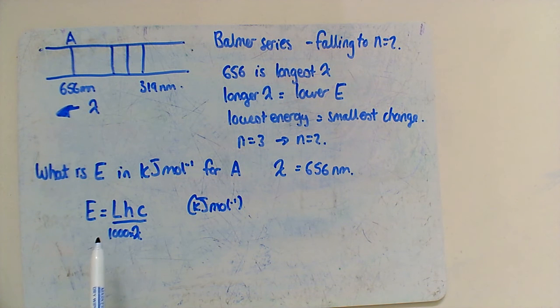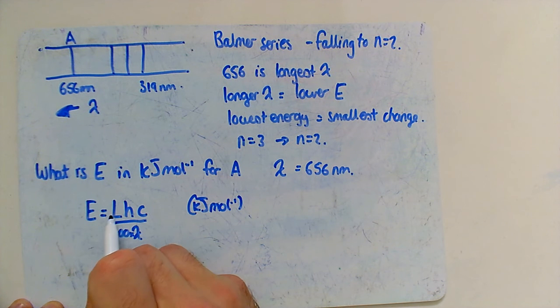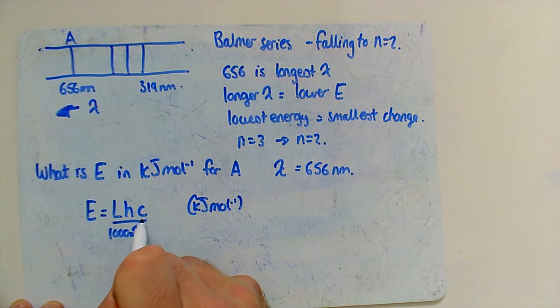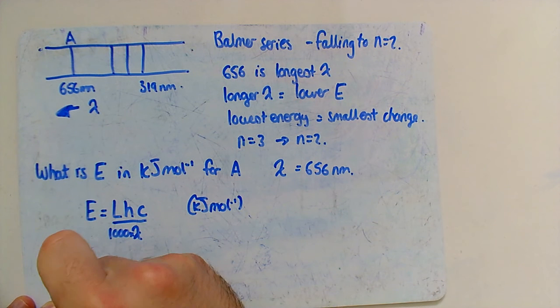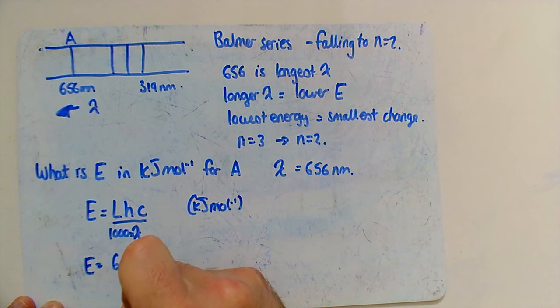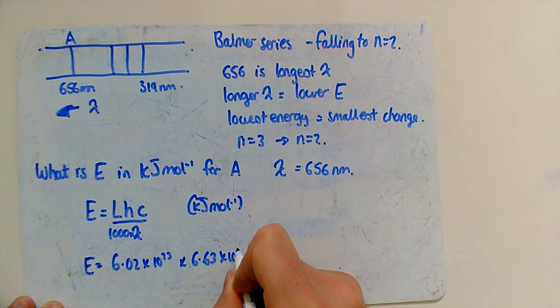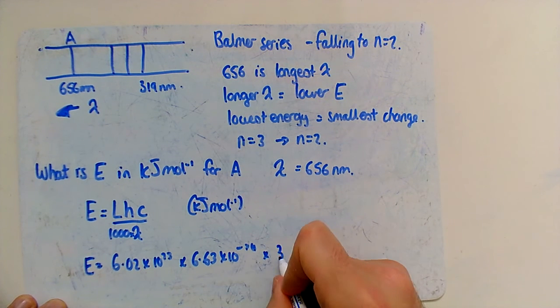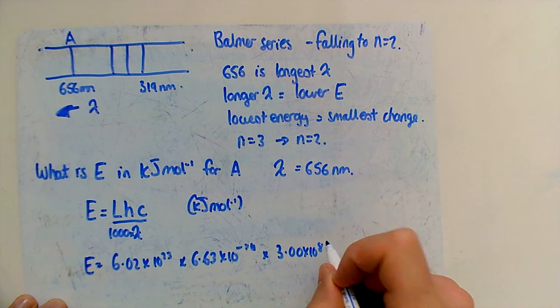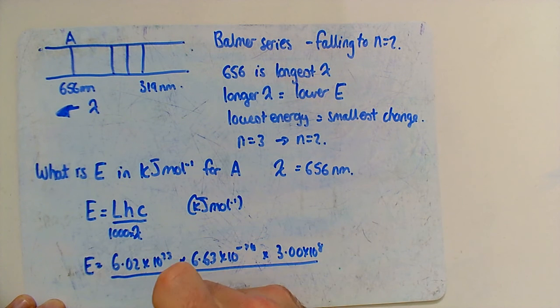So that's our equation. Now here's where you can save yourself a lot of time, because this relationship comes up a lot. L is a constant, h is a constant, c is a constant. So E equals 6.02 times 10 to the 23 multiplied by 6.63 times 10 to the minus 34 multiplied by 3.00 times 10 to the 8, divided by 1,000 multiplied by lambda.